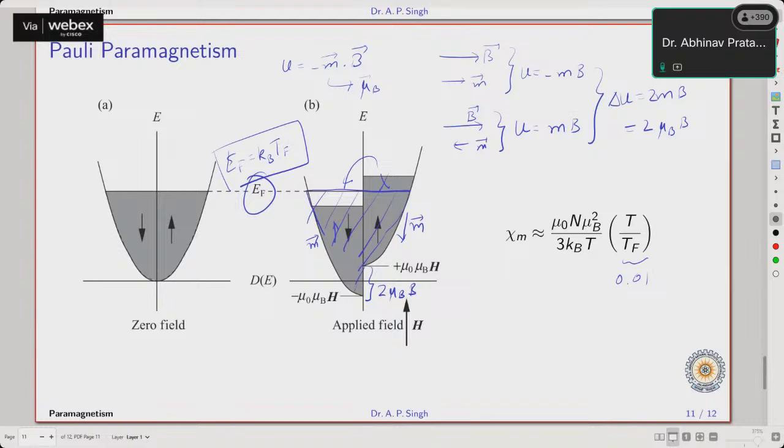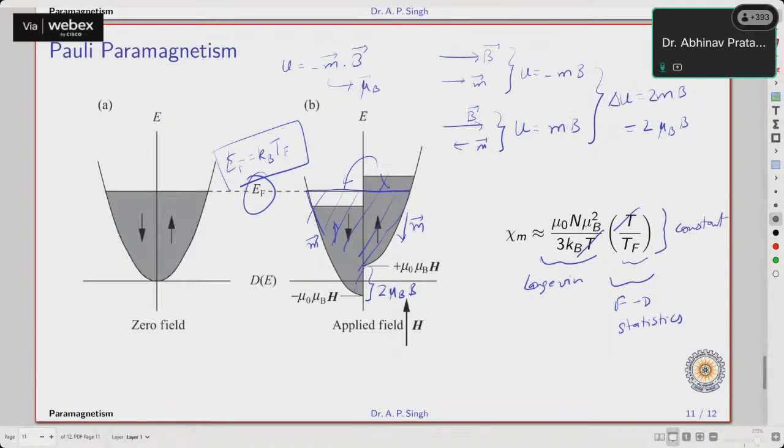The thing to notice here is that this was the Langevin part which we were expecting. And this second part is coming from the Fermi-Dirac statistics. If I combine these two, you realize that this temperature factor will get cancelled, and now the quantity that you are getting is some constant quantity.